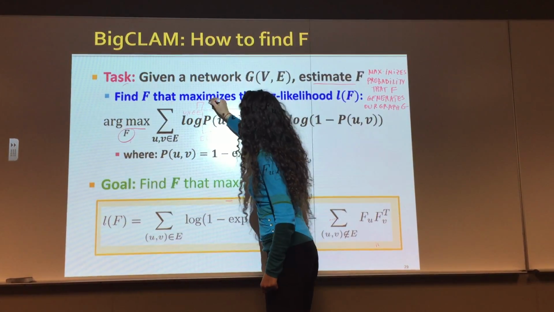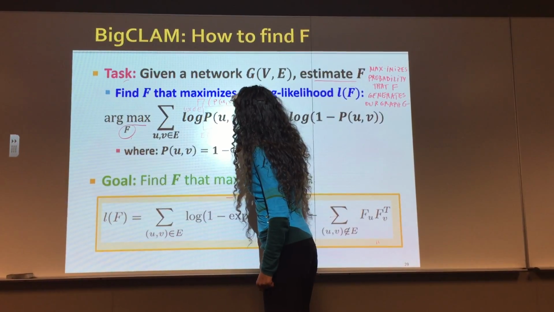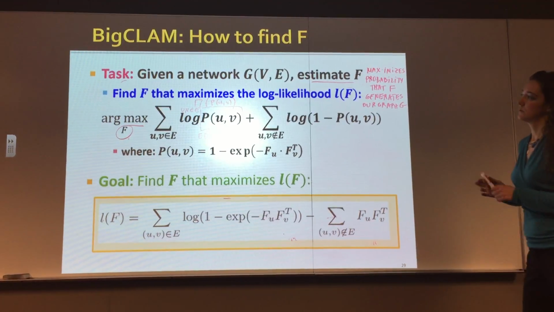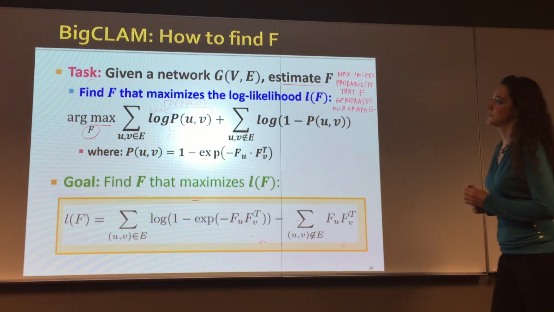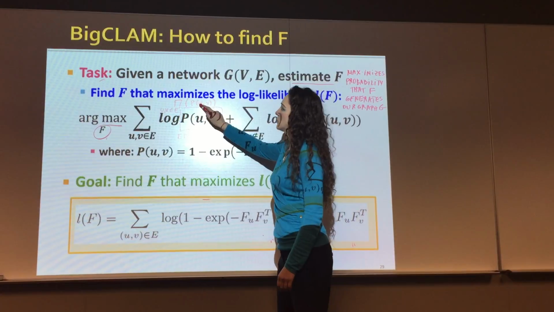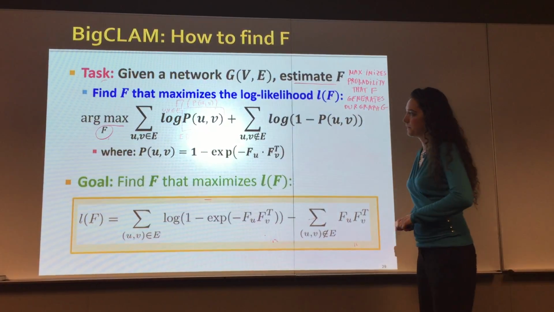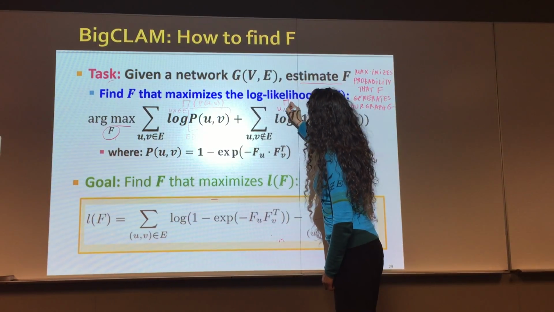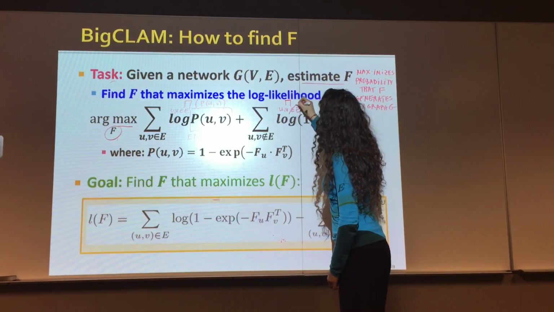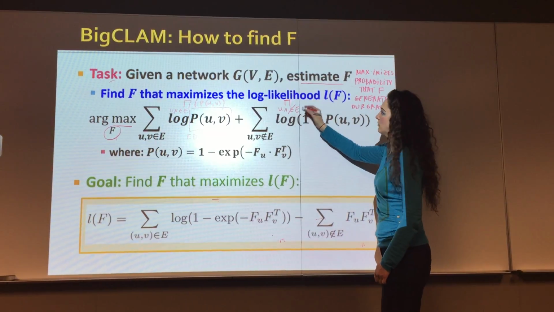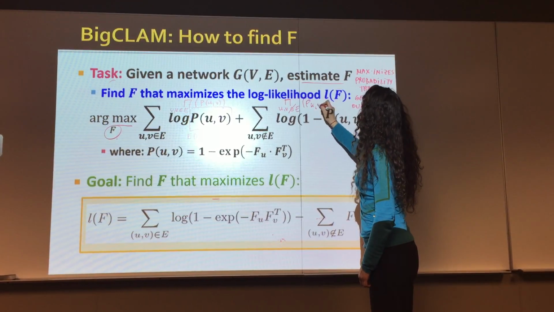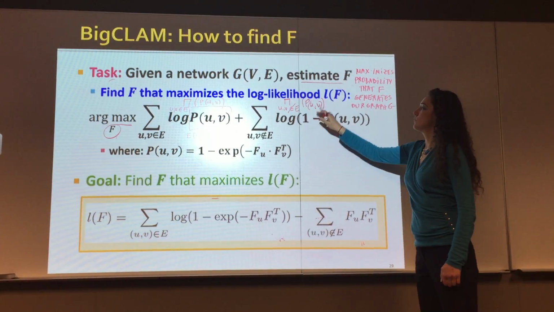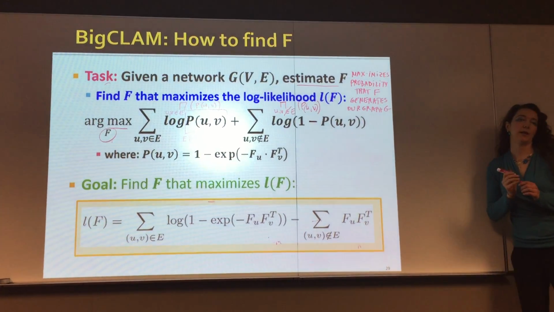This is the product of all the probabilities, or the strengths, that these two nodes will connect. And the same, we have the product of probabilities that they will not connect. So basically, we are subtracting the ones that are not going to connect.